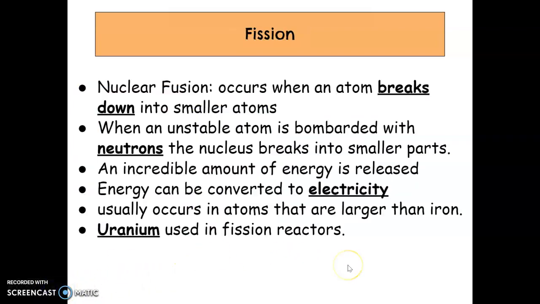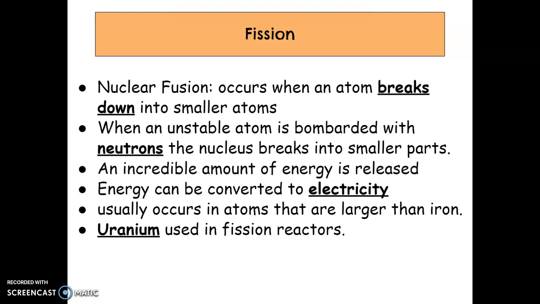Now, fission is when we break the atom down, and just like in fusion, when we do fission, we're also releasing a large amount of energy, okay? Particularly in fission, this is when an unstable atom is bombarded with neutrons, okay? So we're throwing neutrons at the nucleus, and then it's breaking into smaller parts.